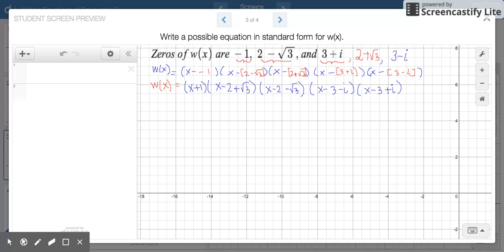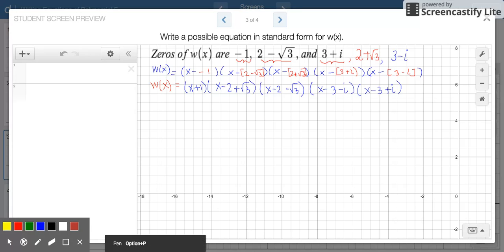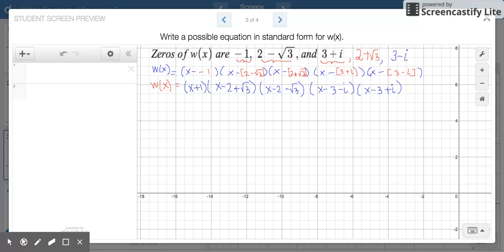Okay, I will not show the entire work. I will show though how to multiply these two factors that have imaginary numbers in them.